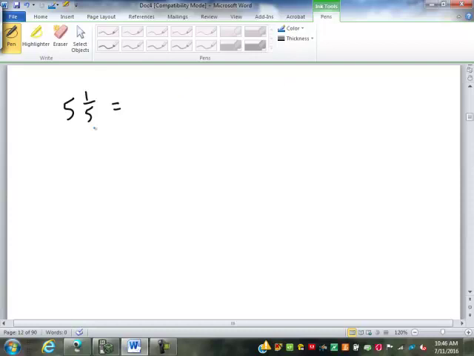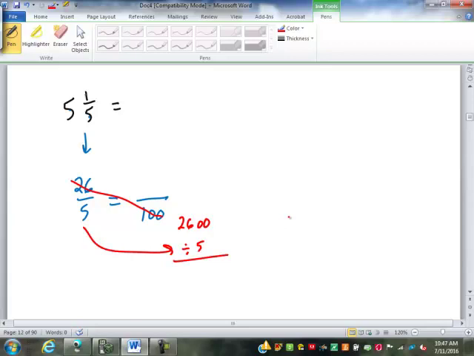So the first thing I would do is convert 5 1/5 into 5 times 5 is 25 plus 1 is 26/5. And now I can turn it into a percent by putting it over 100. 26 times 100 is 2600, divided by 5 is 520. So 520 over 100 is 520%.